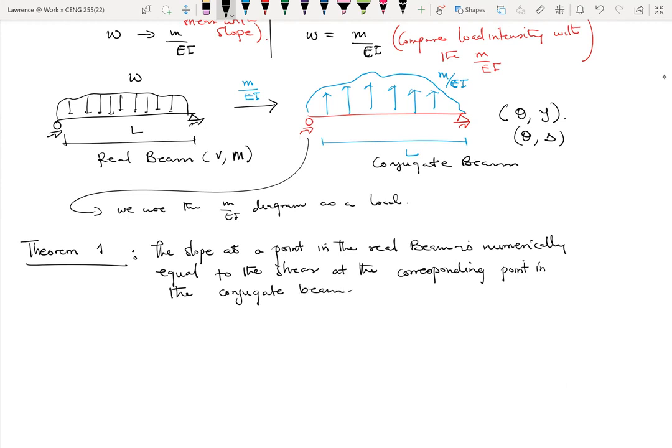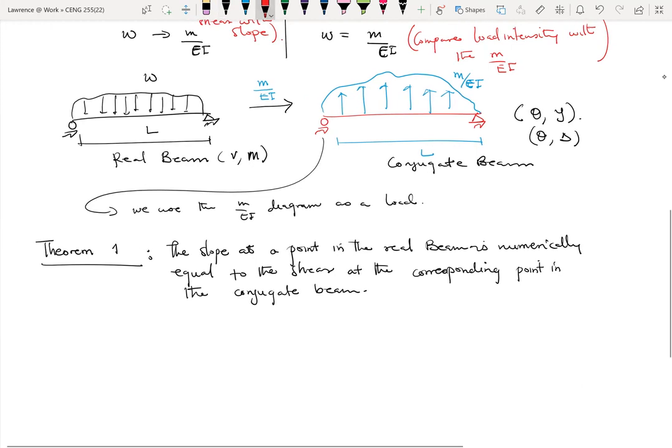So let's look at it. Now, if I have a beam, this is my real beam.